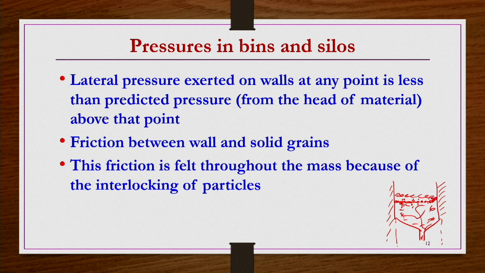These particles are connected with the neighboring particles by interlocking. So, whatever the friction that the solid particles are experiencing at the wall is also felt throughout the material because of this interlocking.